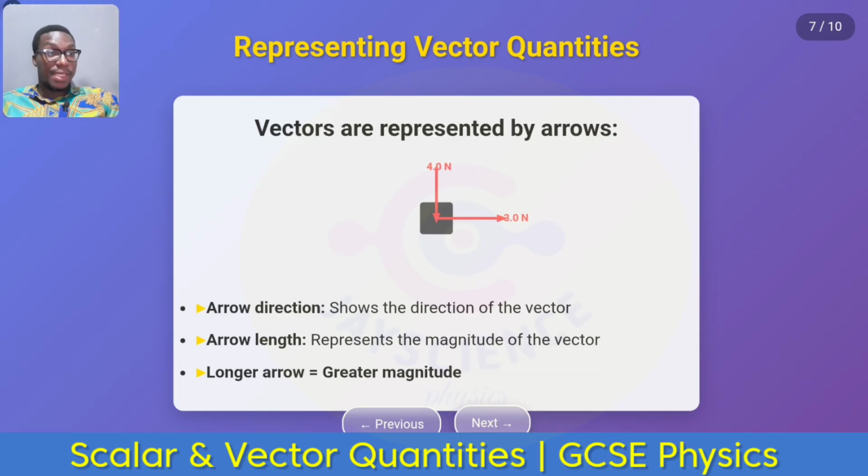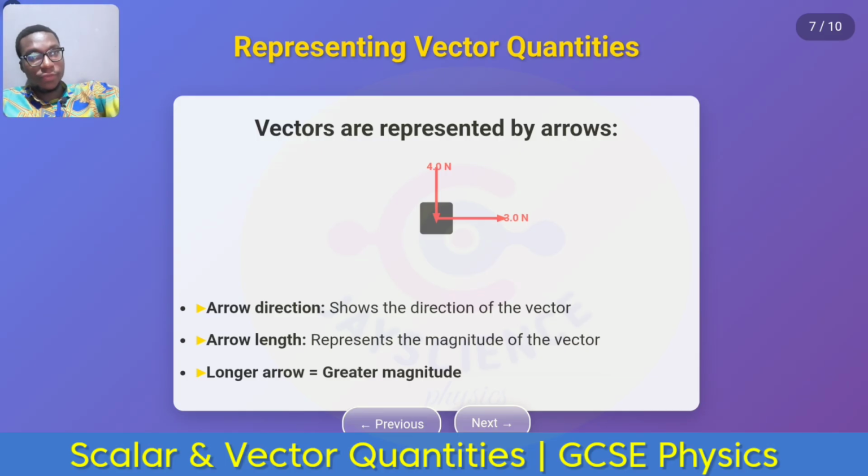So if you have a 4 Newton force and an 8 Newton force, the length of the arrow for 4 Newtons should be half of the length of the arrow for 8 Newtons. So that's what you should have on the screen. This needs some little changes, but you get the idea.